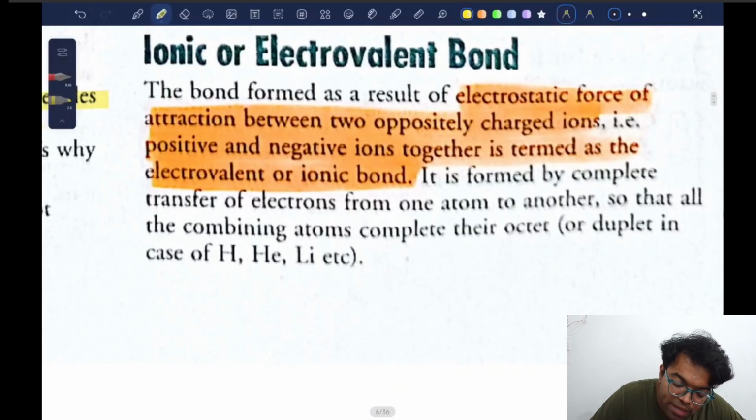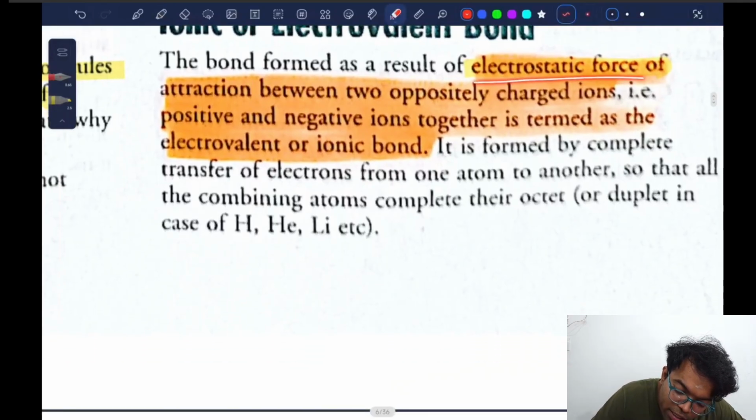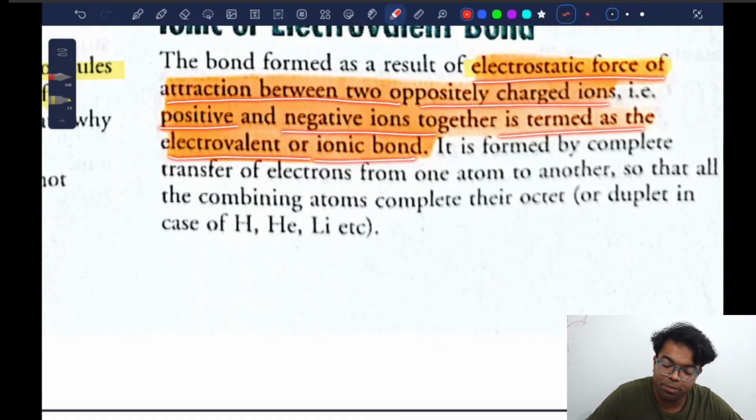Next, the ionic or the electrovalent bond. The bond formed as a result of the electrostatic force of attraction between two oppositely charged ions, that is the positively and the negatively charged ions, is known as the electrovalent or the ionic bond.